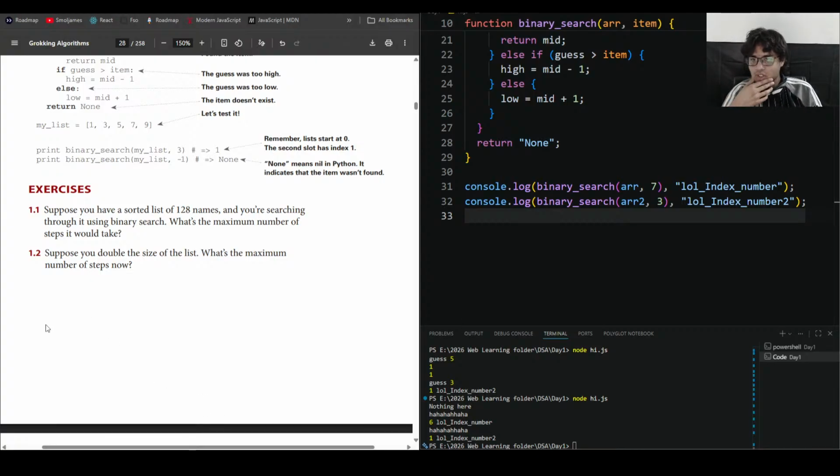Suppose you have a sorted list of 128 names and you are searching through it using binary search.